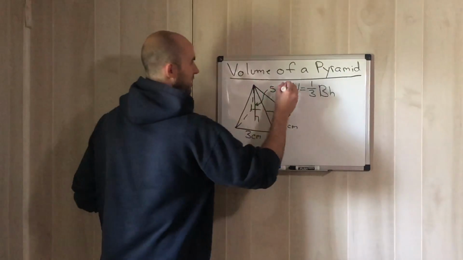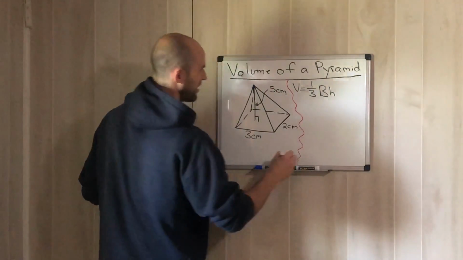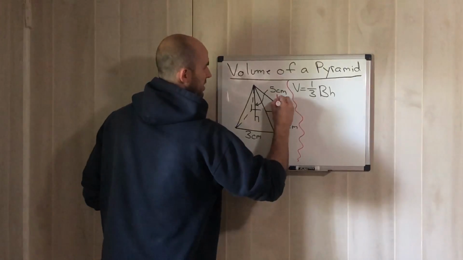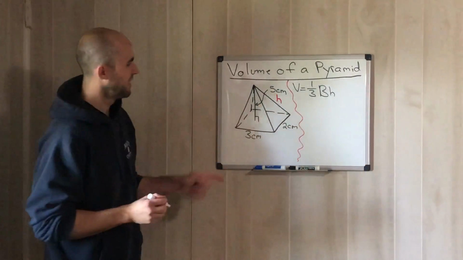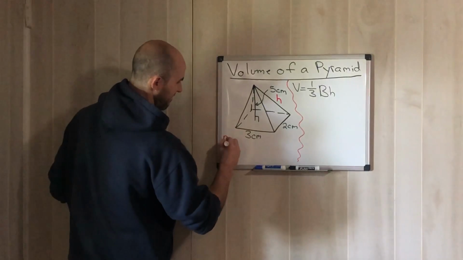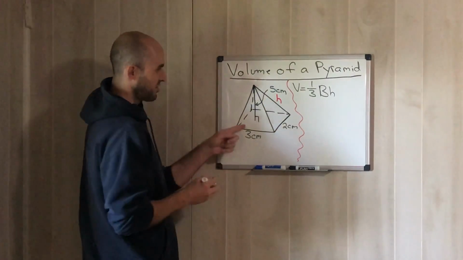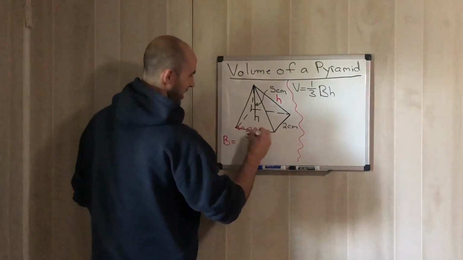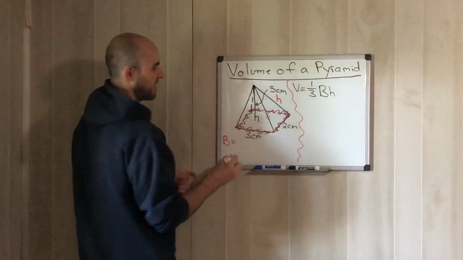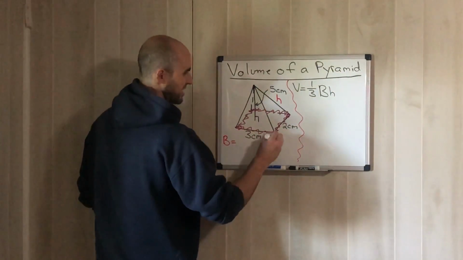So we have our figure, and we have our formula. We know that the height is 5, so that's easy. Now, to find the area of the base, since it's a rectangle, you would do length times width.